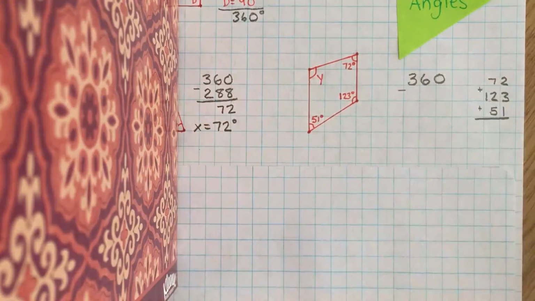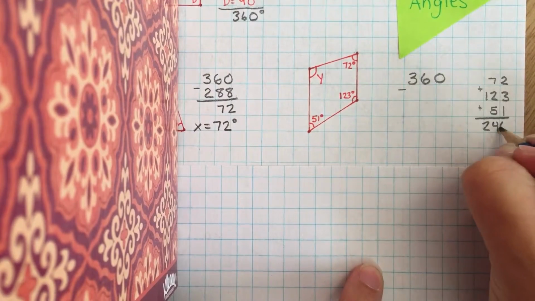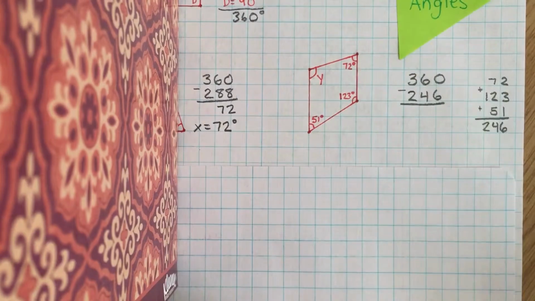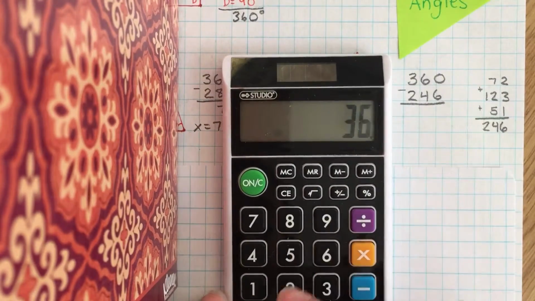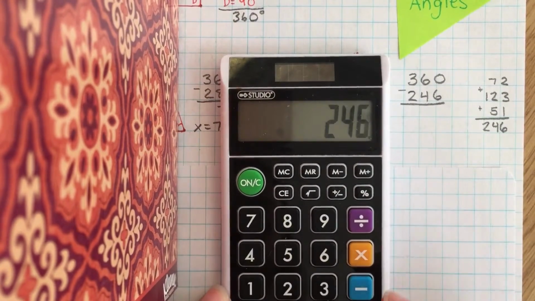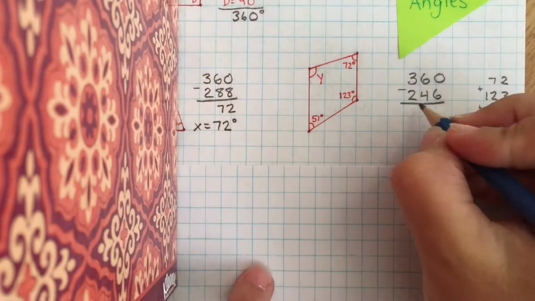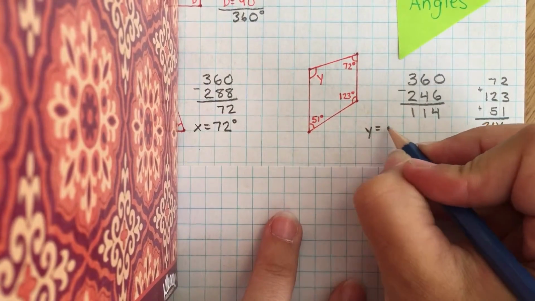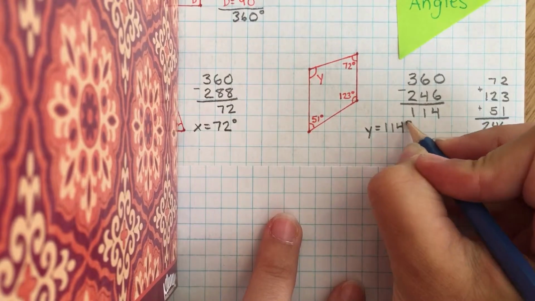That adds up to 246. So I'll subtract that from my total. 114. So I can say that y is equal to 114 degrees.